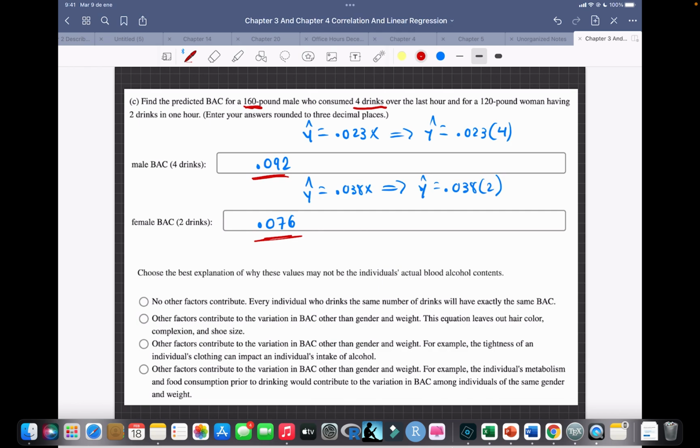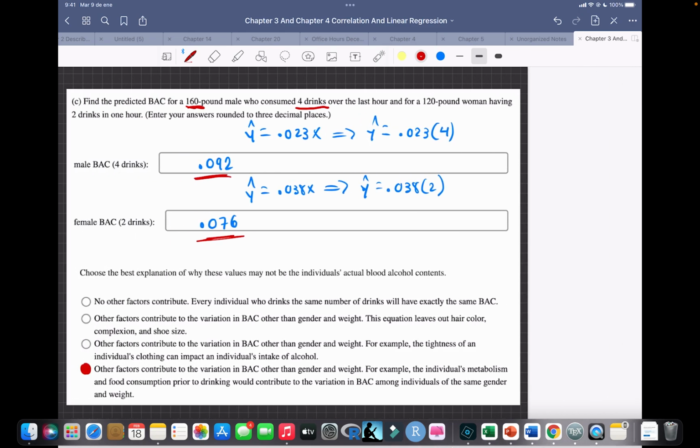We have the same in every sentence except in the first one, and I think the right one is this one. Other factors contribute to the variation in BAC other than gender and weight. For example, the individual's metabolism and food consumption prior to drinking would contribute to the variation, right?